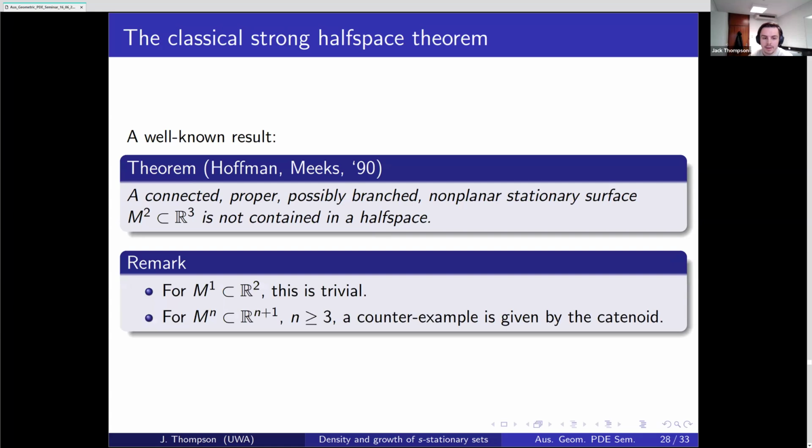Now, the one-dimensional version of this is trivial because one-dimensional zero mean curvature surfaces, lines, are just straight lines. And when n is bigger than or equal to 3, there's a counterexample, which is the catenoid, which I gave before.